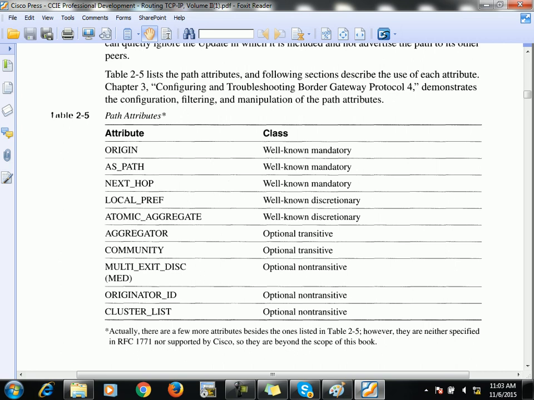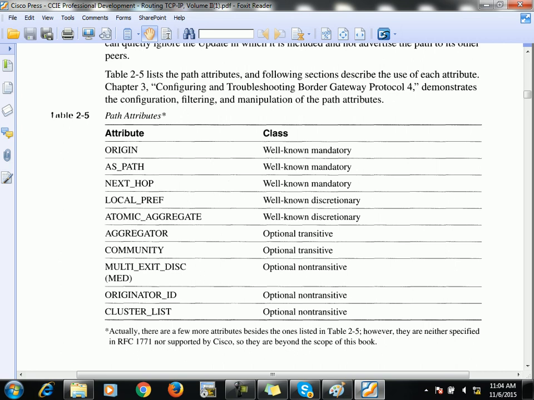Sir, and how is MED optional non-transitive? Well, that is how they kept it in this class, but let me tell you how you can prove it. For an example, if you are not giving your MED to your eBGP neighbor, then by default it won't go. By default it won't go there. If you configure it, then only it will go. But the point is, if your neighbor doesn't support the MED attribute, then it will simply discard your prefixes.